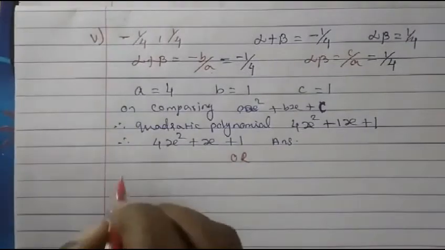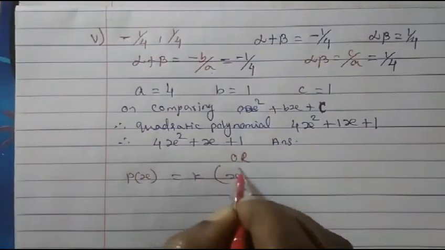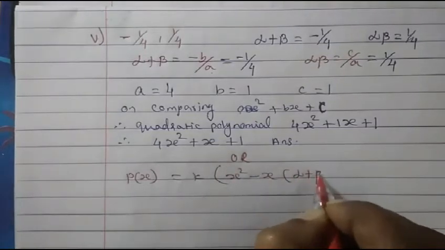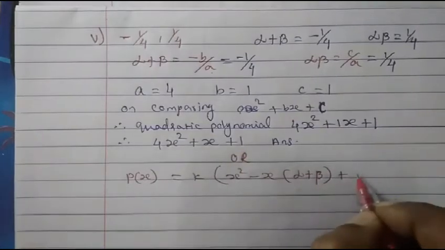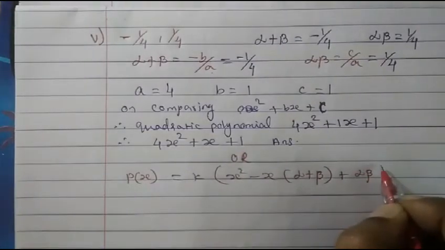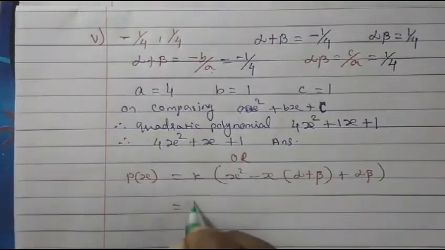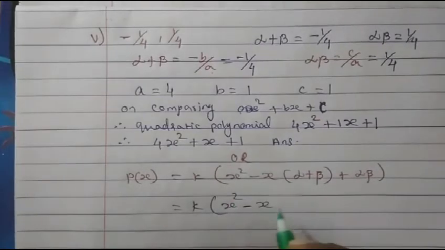So now let's use the identity method, but you can use any method that you are comfortable with. The identity method will be x square minus x times alpha plus beta, then plus alpha into beta. So x square we write as it is, minus x we write as it is.